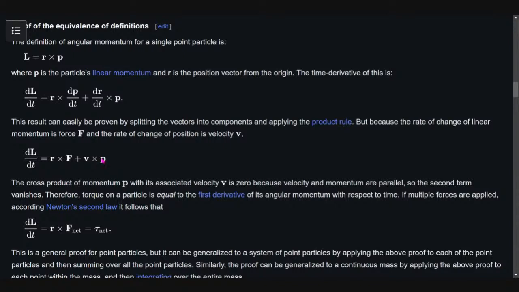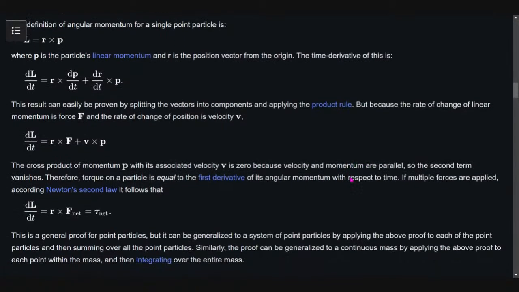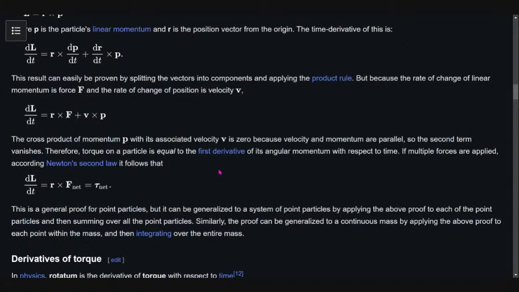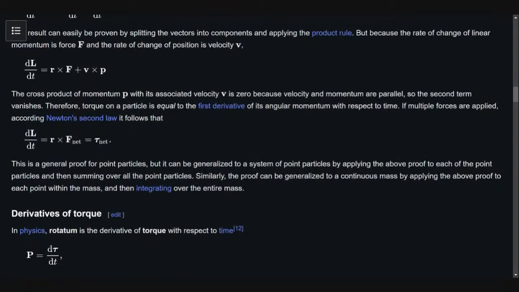Cross is the perpendicular projection. There's no perpendicular projection, because velocity and momentum are parallel. That's good. Wow, that's genius. Amazing. So dL/dt is R cross F.